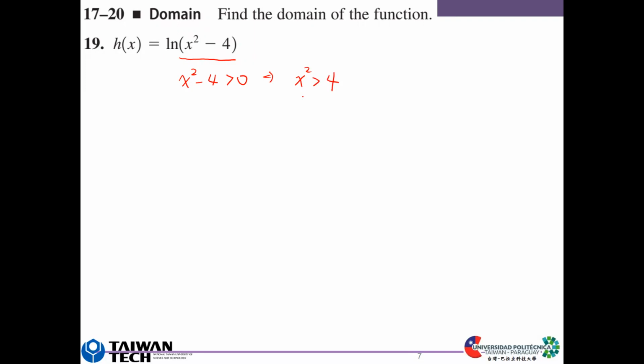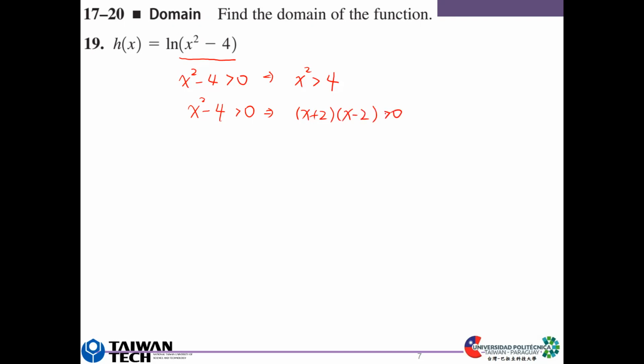It can be written, actually we did this before, as x squared minus 4 larger than 0, which is x plus 2 times x minus 2 larger than 0.